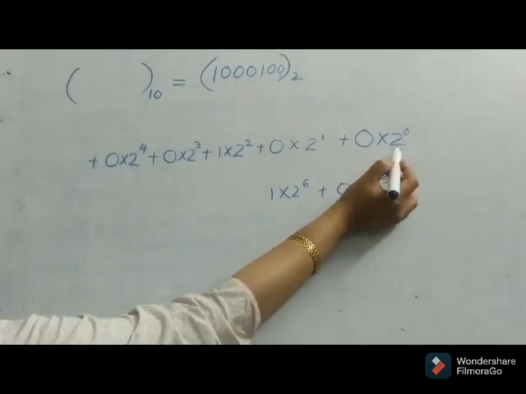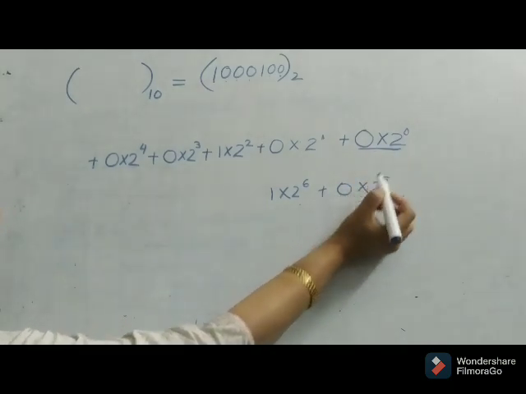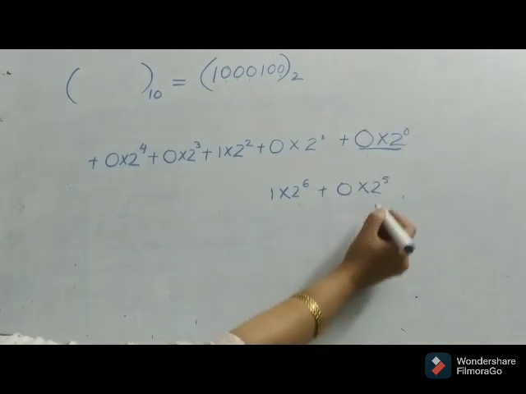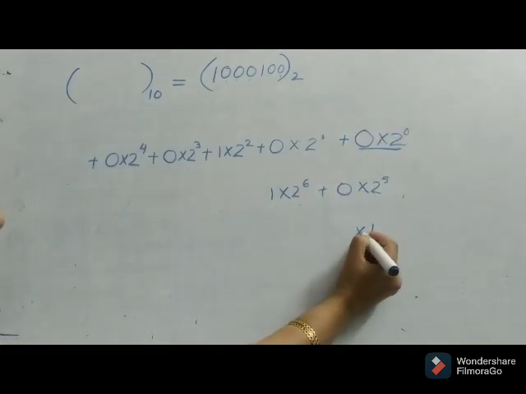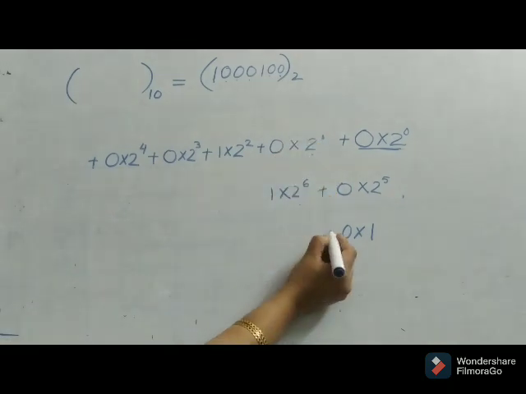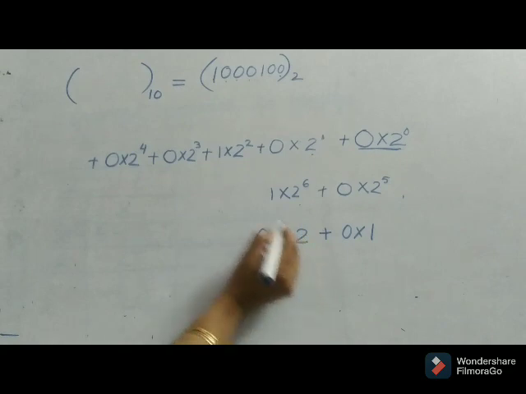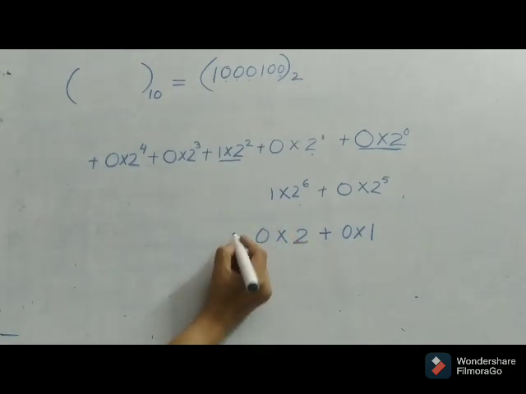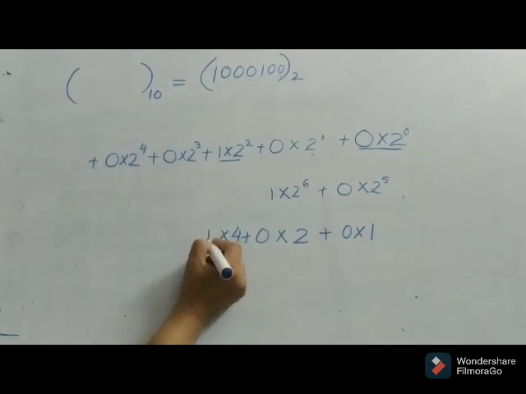Now here I will set this value: 2 to the power 0, that is 1, multiplied with 0. Then you have 2 to the power 1, which is 2, multiplied with 0. Then 2 to the power 2 is 4, multiplied by 1.